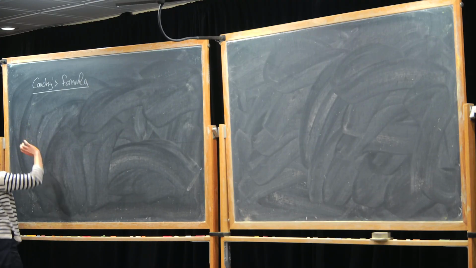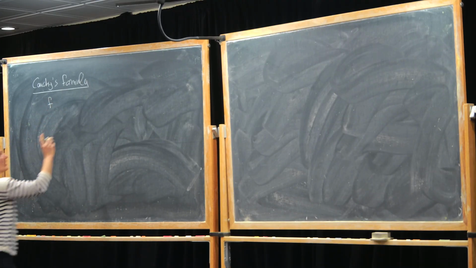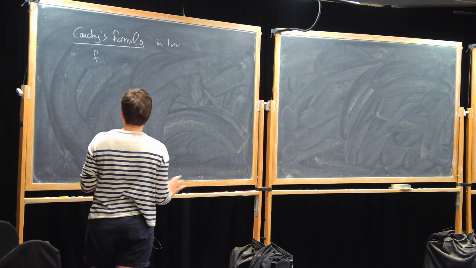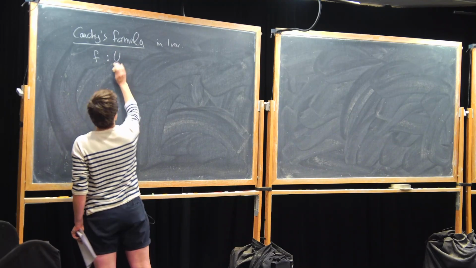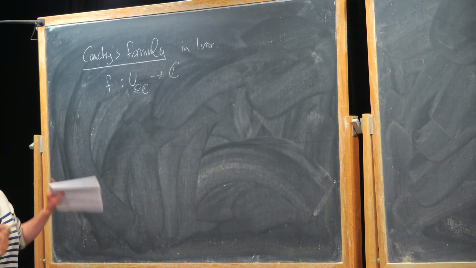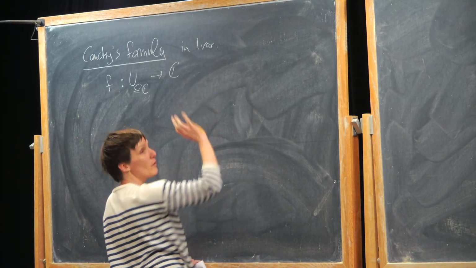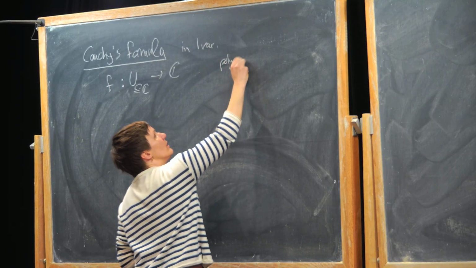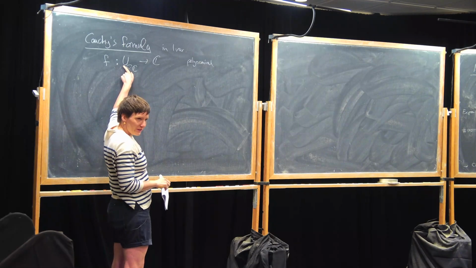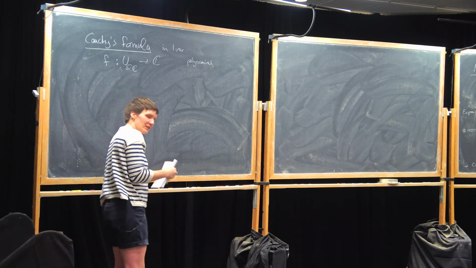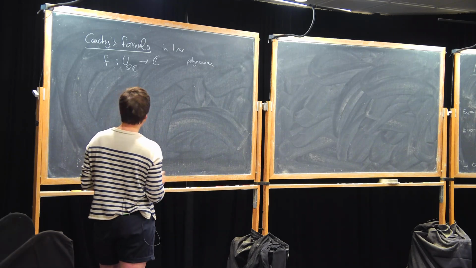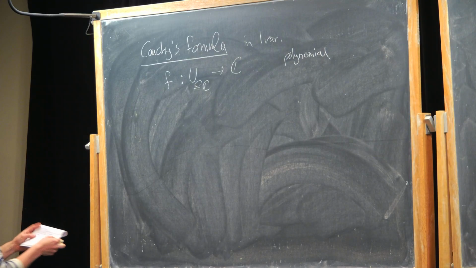If you have an f, this is in one variable for now, a function f from some neighborhood in C to C, and let me not say exactly what the definition is, but for us it's a polynomial. I mean, the real condition is that it's for every point in a neighborhood infinitely often differentiable, and for polynomials this is true. So for us, let's just stick to polynomials, and we are safe to apply this formula.